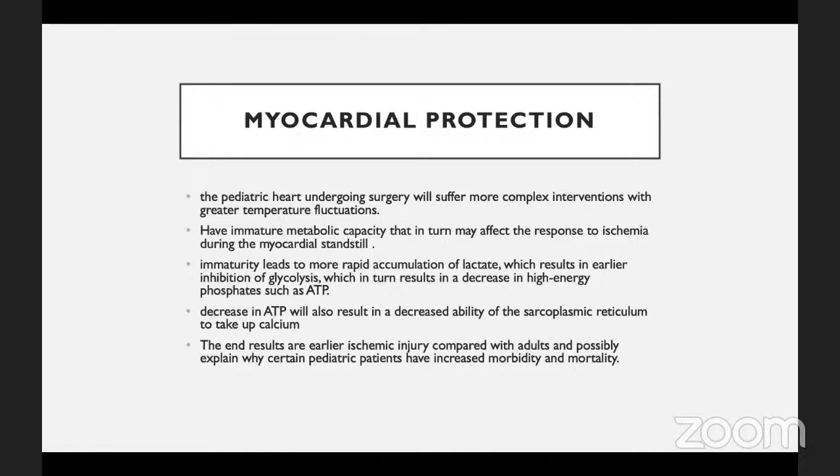This immaturity leads to a more rapid accumulation of lactate, which results in inhibition of glycolysis, which in turn results in a decrease in high energy phosphates such as ATP. Decrease in ATP also results in decreased ability of the sarcoplasmic reticulum to take up calcium. The end result is earlier ischemic injury compared with adults, and possibly explains why certain pediatric patients have increased morbidity and mortality post-op.